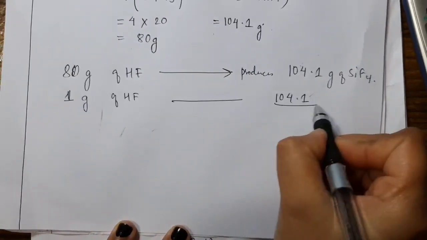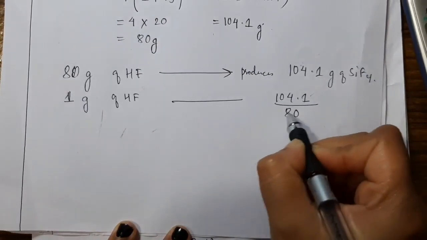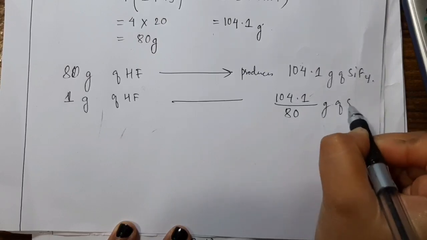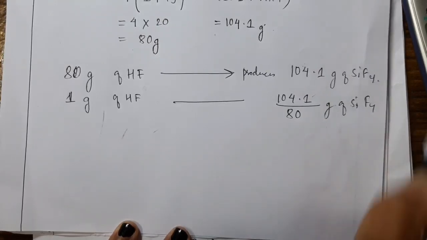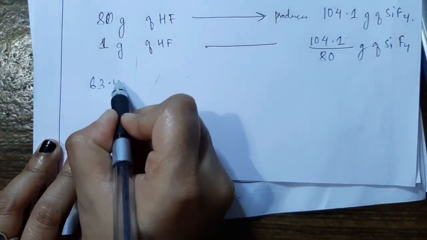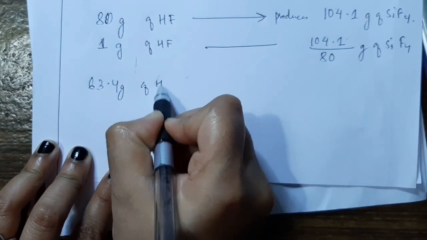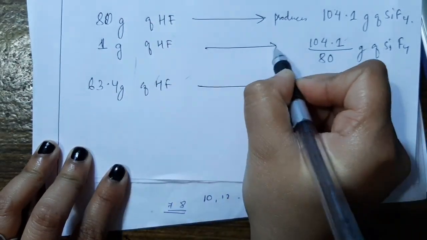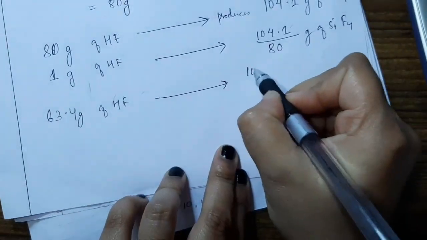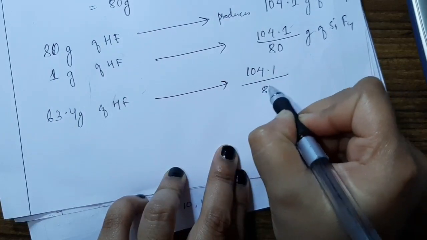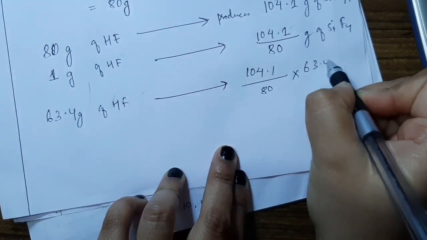104.1 divided by 80 grams of SiF4. Then for how much we have to find out? 63.4 grams. So 63.4 grams of HF will give you 104.1 divided by 80 into 63.4.